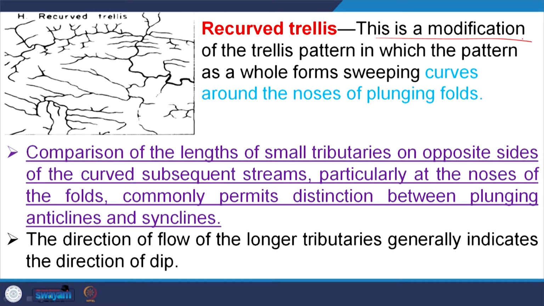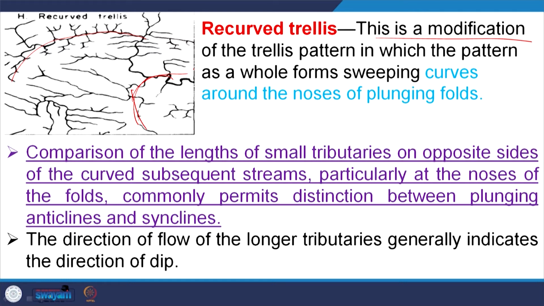For example, here this is a plunging fold and the drainage system is like this. The drainage will modify like this, it will continue, the drainage itself will fold like this. So it forms sweeping curves around the noses of a plunging fold. If it is folding like this, the drainage system is curved like this. So this is called curved trellis.